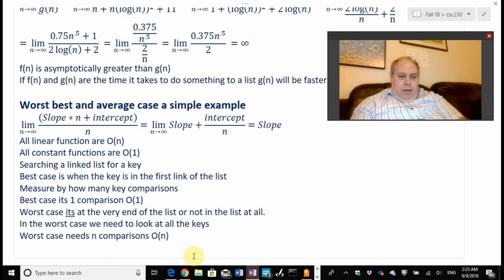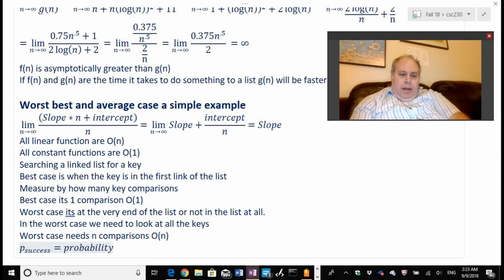We'll have P of success, which will be the probability that the key is in the list.